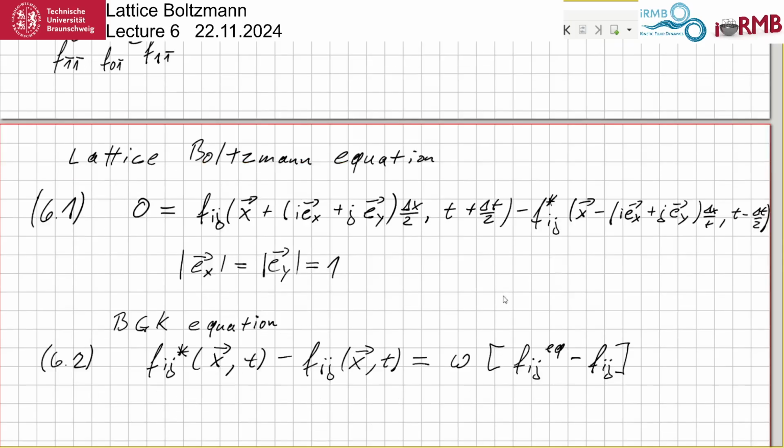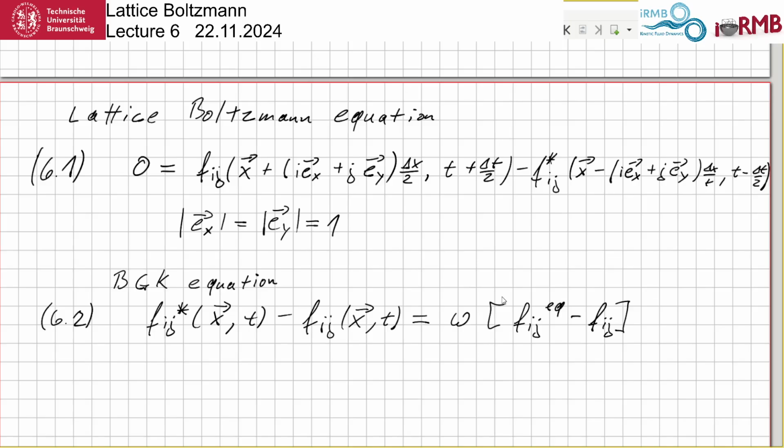Okay, what we are doing in numerics to analyze methods is usually always starting from the Taylor expansion. We use a Taylor expansion, and the thing that we can expand is, of course, equation 6.1. We expand this at the grid position x and the time t.